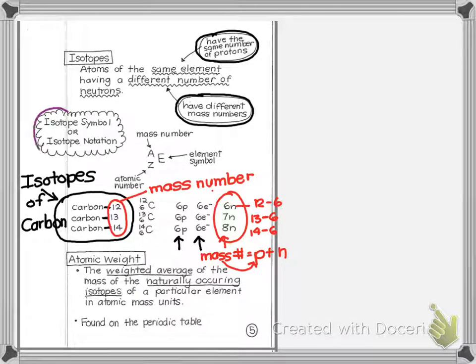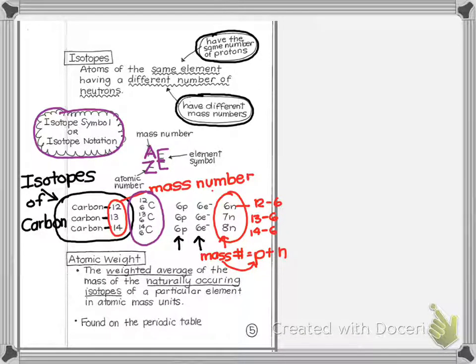There are two ways we talk about this notation: it's either isotope symbol, or isotopic notation. In this case, we have the mass number, which if you review the previous video, they use a symbol A. The atomic number, they use a Z. And then here's the element symbol, which they use an E. So for example, here are our examples.